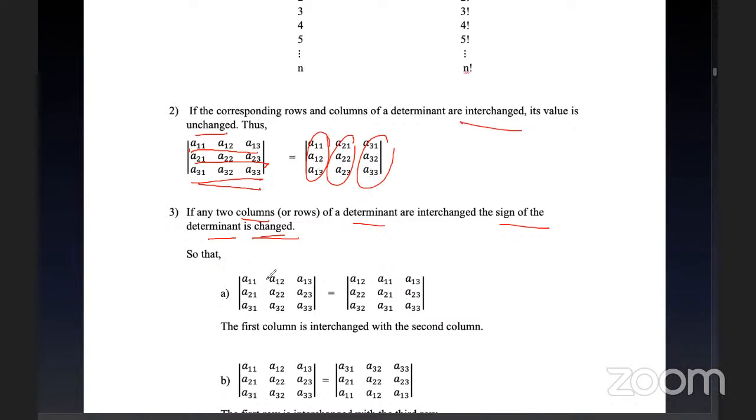So A11, ayan, A21, A31. So what we did here is the first column is interchanged with the second column. Ayan, first and second. Okay, so ito na yung first. Tama ba? Okay, nag-interchange sila. And take a look at the lower part.